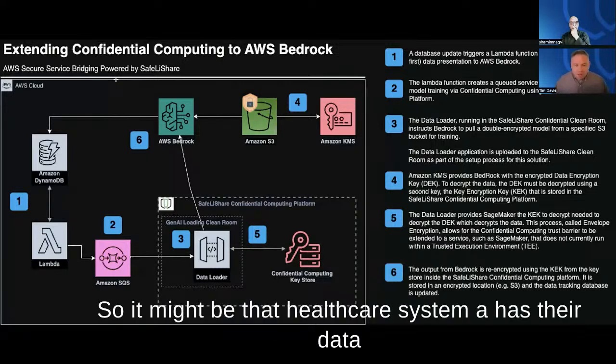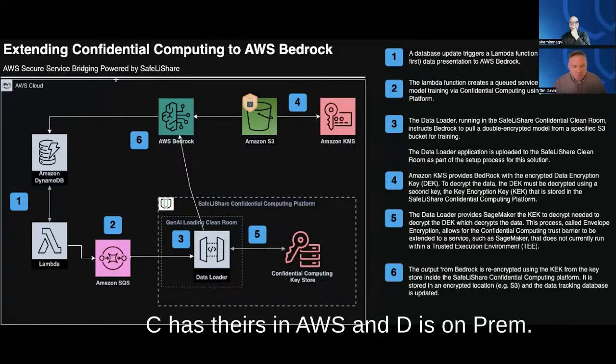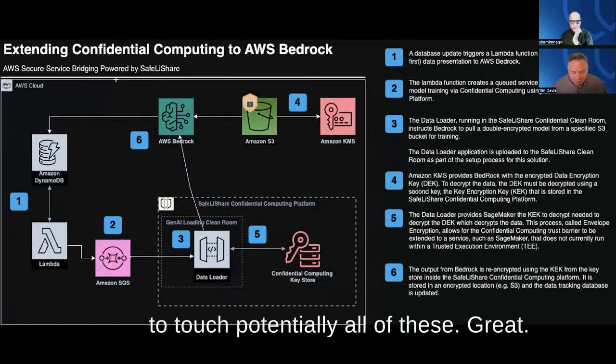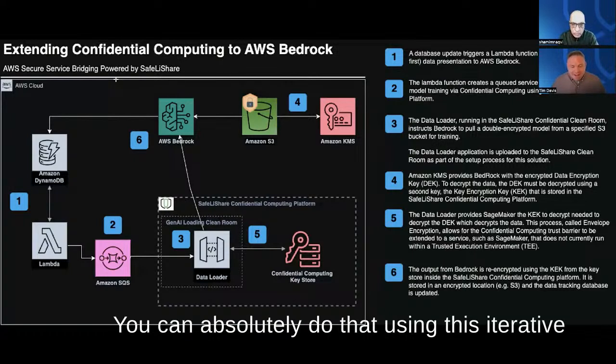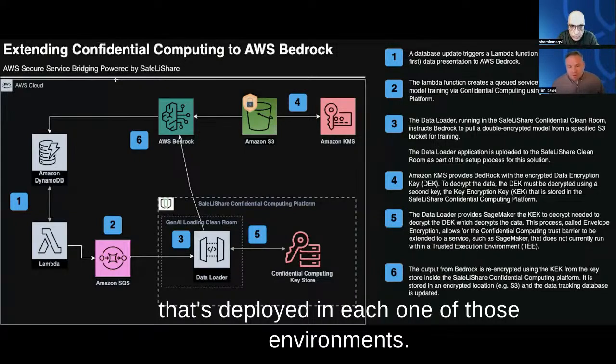So it might be that healthcare system A has their data in Google, and healthcare system B has theirs in Azure, and C has theirs in AWS, and D is on-prem, and I need to be able to touch potentially all of these. Great, that's amazing. You can absolutely do that, using this iterative process and using a SafeLiShare clean room that's deployed in each one of those environments.